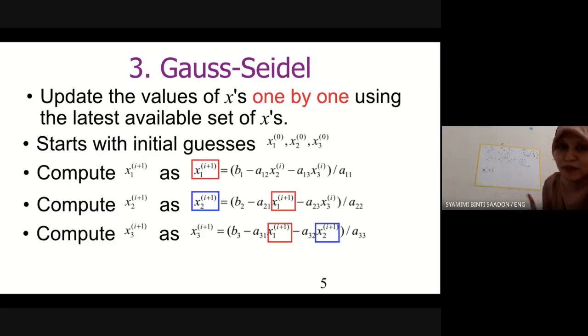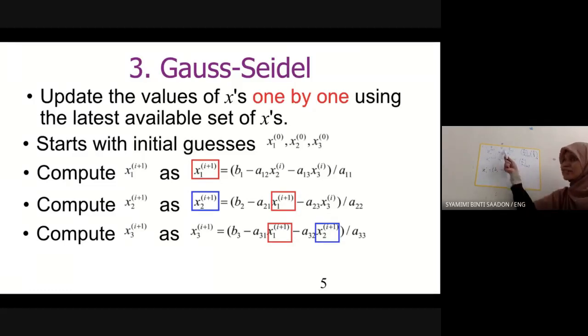So B1, like I said just now, minus A1, 2 x2, so this is x2, 0. Don't be confused. We are already in the second loop, x11. We are going to find x11, but here we use the x2 0 because we don't know x2 yet.